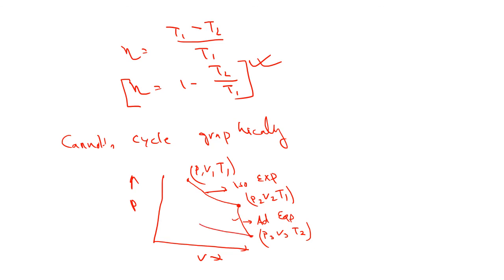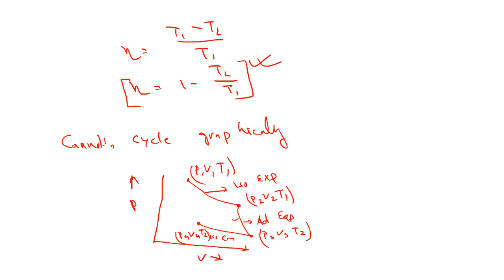Now again the next process is isothermal compression. So again it is isothermal compression, very slow process, and our temperature must be same. That's why we can write it just like this, P4 V4 and T2. Why the same temperature? Because it is isothermal. Isothermal means our temperature must be same.